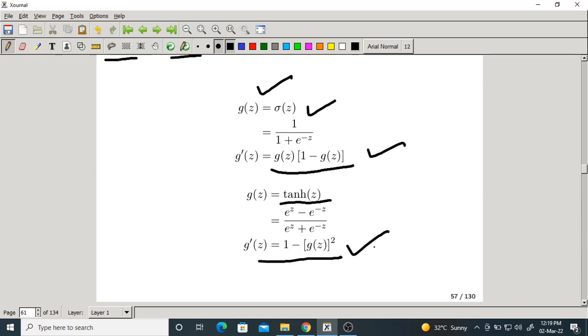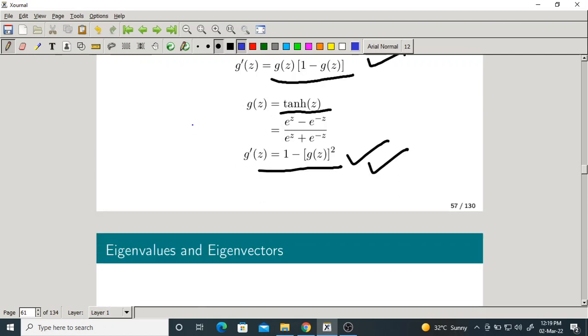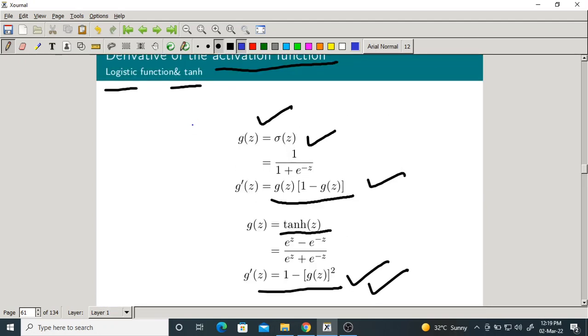You must know the derivatives of all the activation functions that you are using. So this is gradient descent using chain rule. With this we complete the chain rule. Please try to solve some problems from any textbook. Thank you.